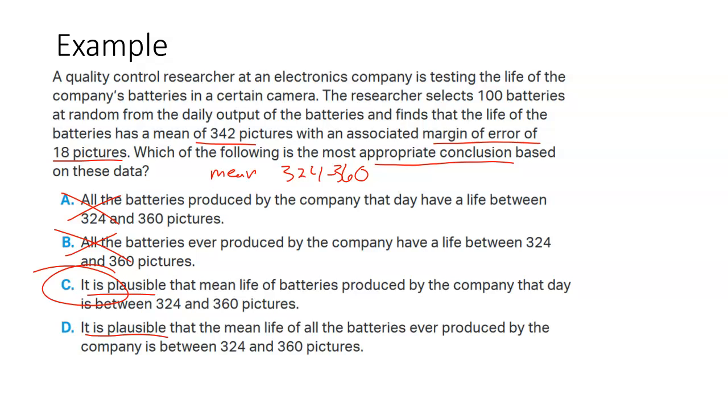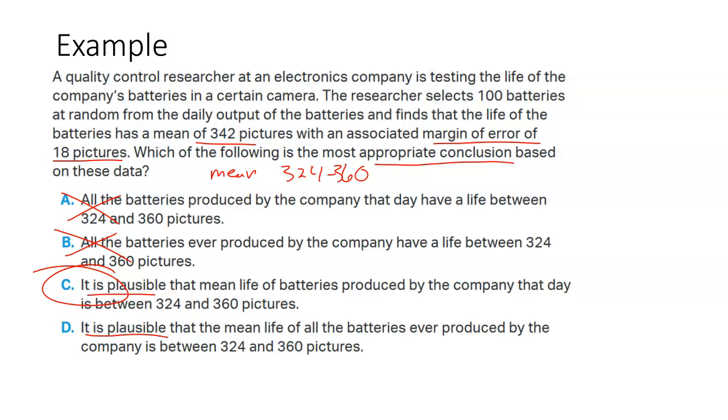Now, if they did this test every day for a week or once a week for 6 months and they came up with this data, then D would be a lot more likely because now it's not just one day, it's over a span of time. And so we're pulling data from a bunch of different days and we can make a stronger conclusion about any given day.